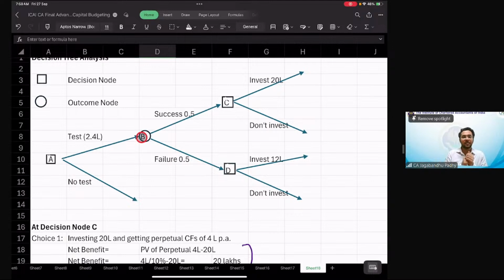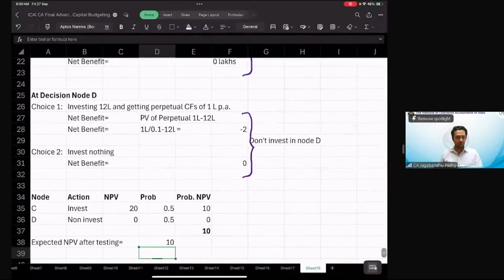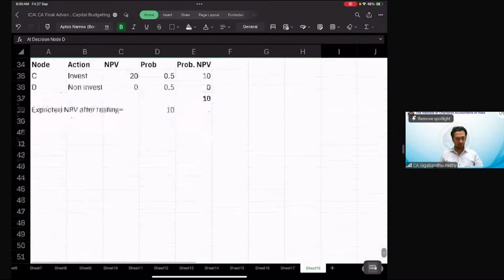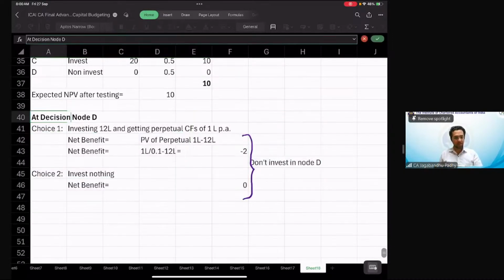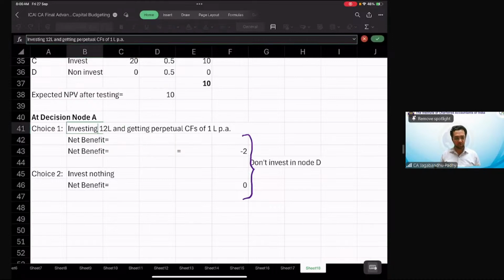Now, our decision again we have to take is, being at node A, whether I should invest this 2.4 lakhs or I should not invest 2.4 lakhs. We have a similar rule over here. At decision node A, what is the choice that we have?